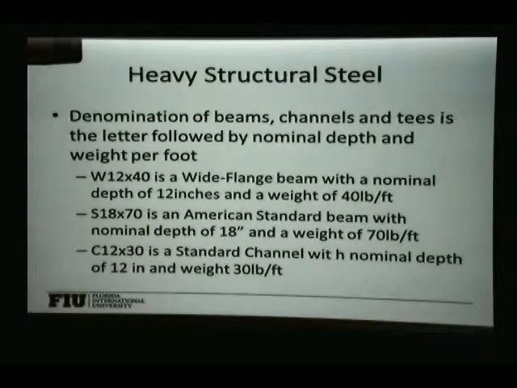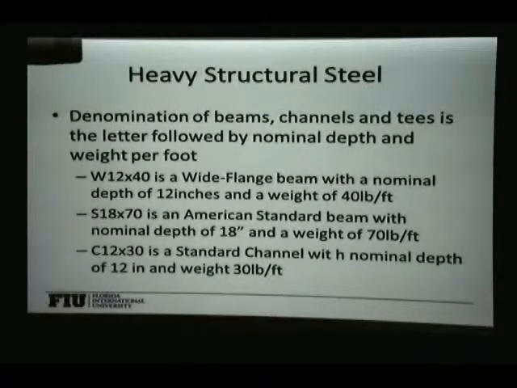The denomination of these structural steel forms is important because for the beams, channels, and T's, it's the same letter that I showed before, followed by the depth of that structure and the weight per foot.